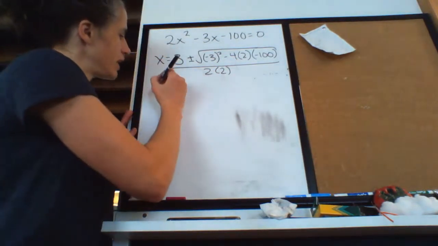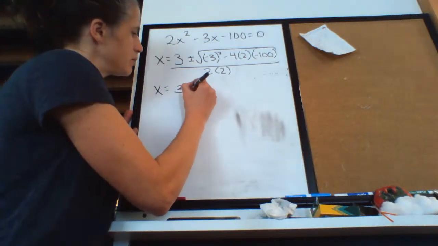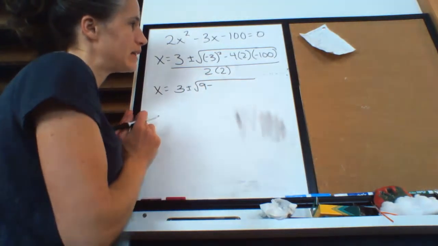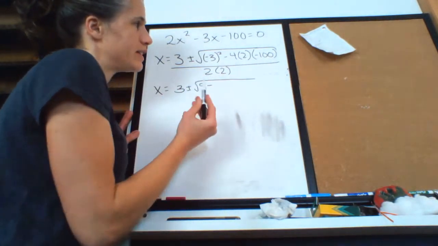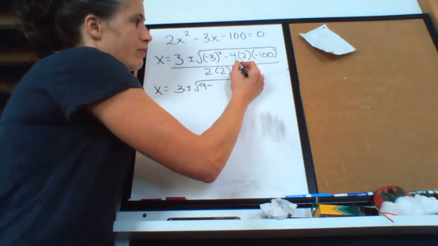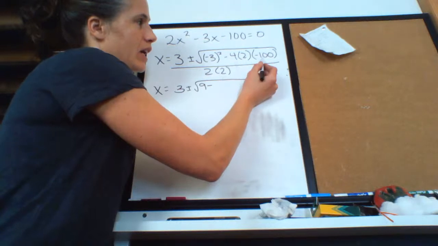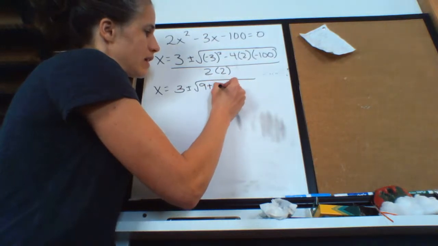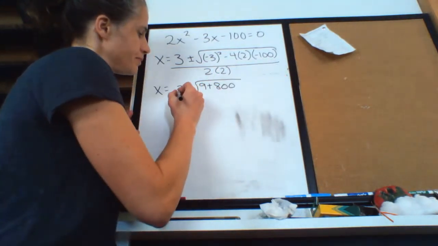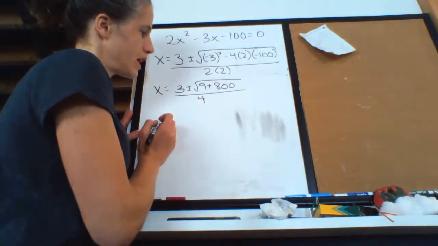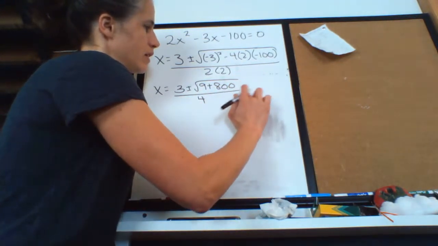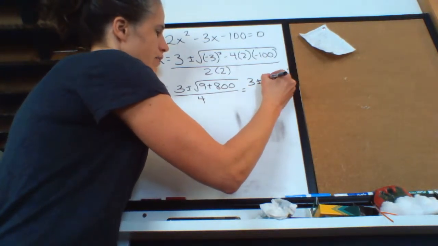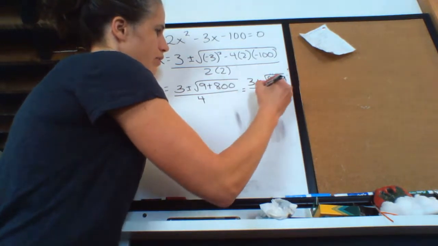Careful again when simplifying, so you get 3 plus or minus the square root of 9 minus, well, I'm going to multiply all these together, so I get 4 times 2 is 8, 8 times negative 100 is negative 800, but with this negative, this becomes a plus 800 all over 4, okay? Which is, I give myself a little space, 3 plus or minus the square root of 809 all over 4.